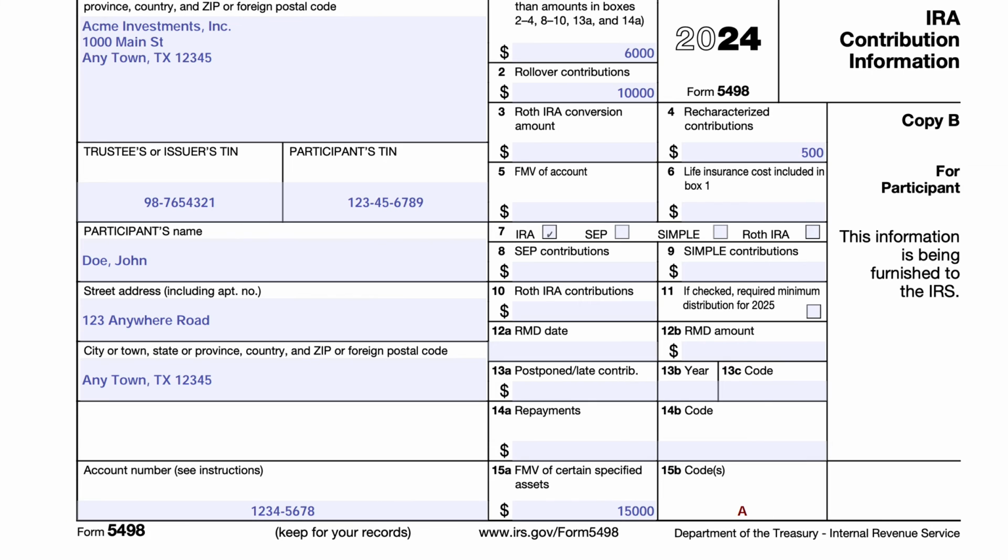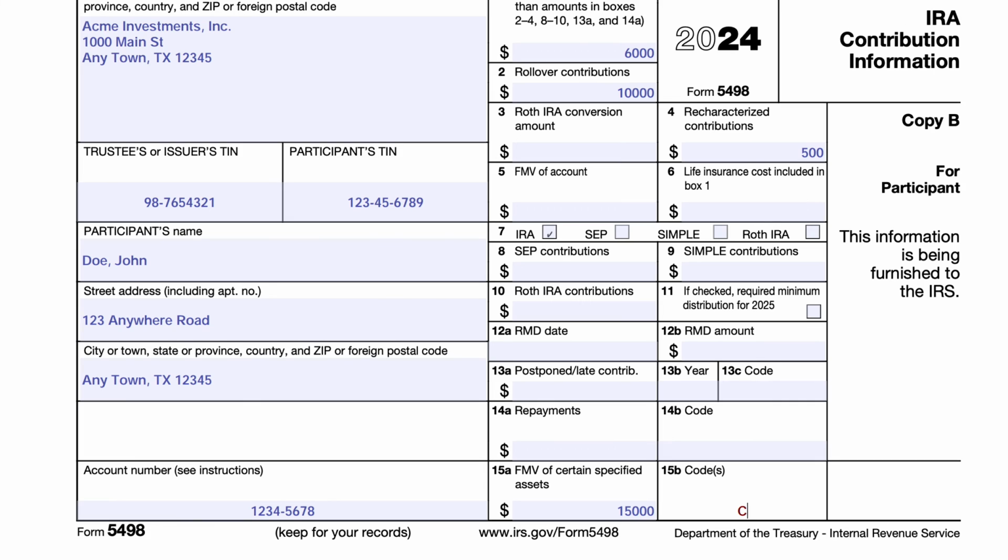A is the code for stock or ownership interests in a corporation that's not publicly traded or readily traded on the open market. B is a debt obligation, so a bond that is not openly traded. C, this would be ownership interest in a LLC or some other company.